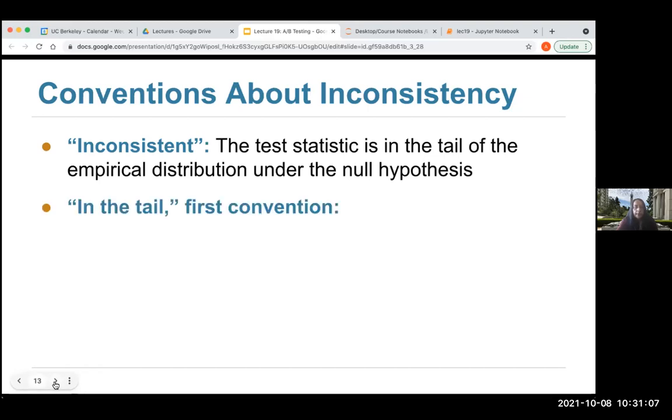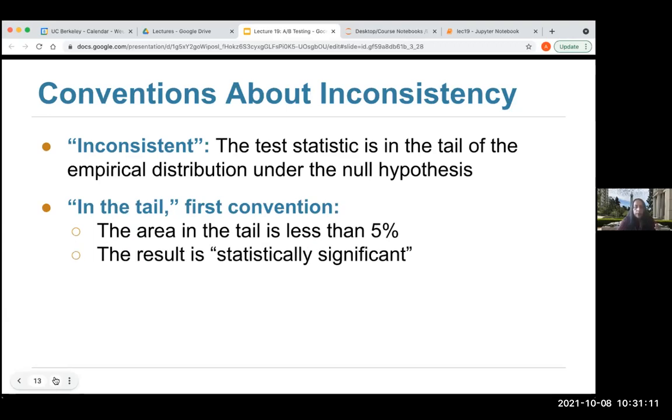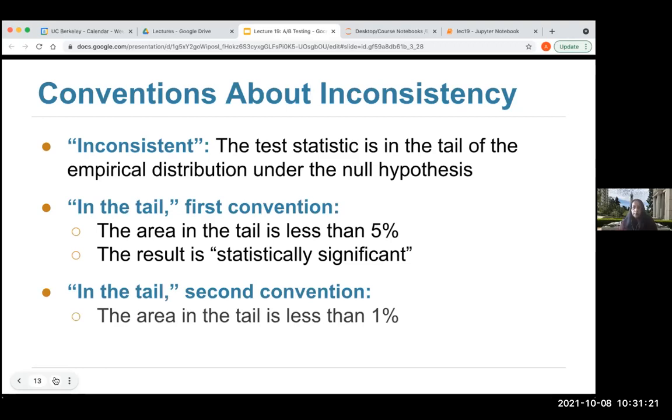So if the tail area is less than 5%, that is conventionally called small, and the result is called statistically significant. And if the tail area happens to be even smaller, less than 1%, then the result is called highly statistically significant.